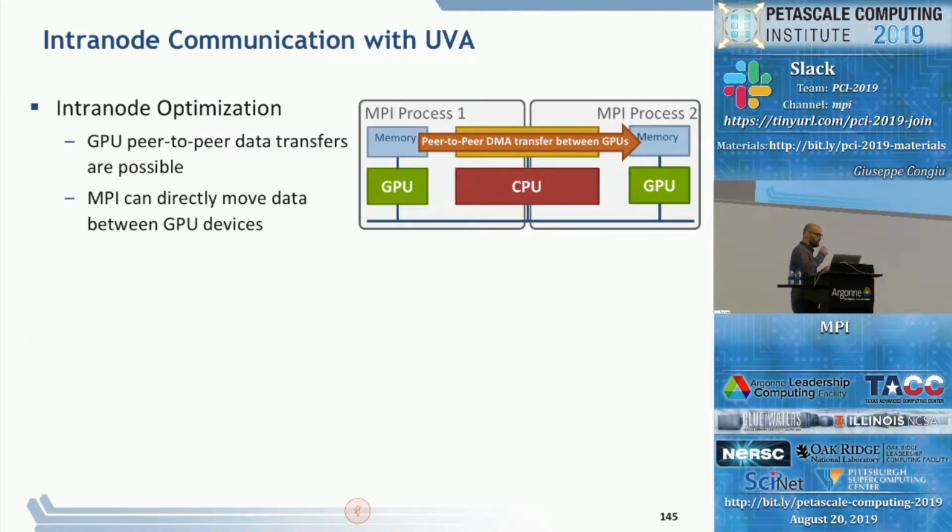The GPU pointer in one process won't make any sense for the other process. So you have to basically create a memory handle, communicate this memory handle to the other process with MPI, and then the other process on the other side can open the memory handle and launch the direct memory transfer between the GPU memories.